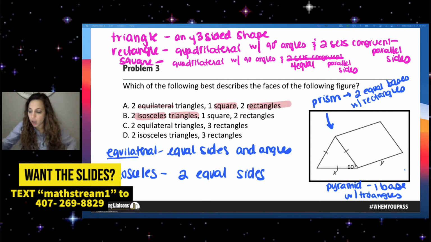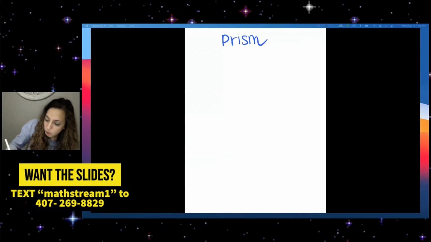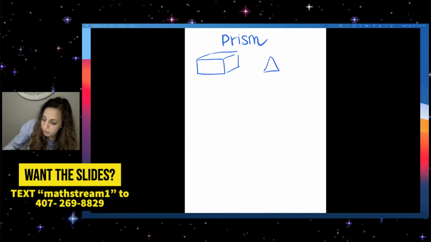So when we talk about, and I need to add a page here so I can show you. I'm kind of rabbit trailing, but I did this question on purpose because I wanted you to see all of this geometry vocabulary. So a prism could be a rectangular prism. It could be a triangular prism.